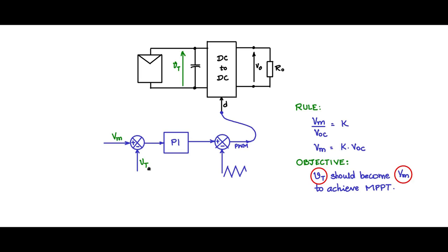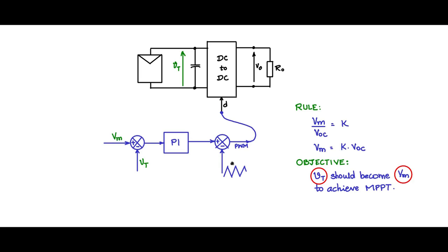So the value of Vt will keep changing and try to reach Vm such that error here becomes 0. The job of this controller is to always see that the error here becomes 0. If the error here is 0, Vt will be same as Vm, and then you have achieved maximum power point tracking. But how to get Vm?